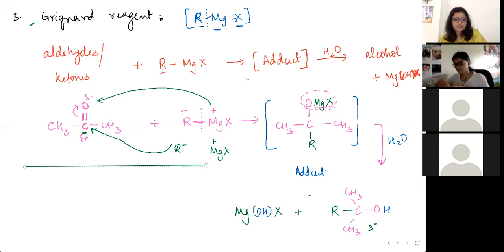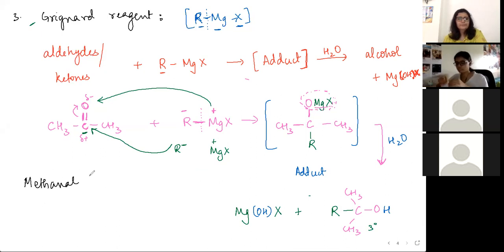All right, before giving you the next point, I'll let you figure out, I'll keep this on display. Tell me, what if you started off with methanol? What is the formula for methanol? HCHO. HCHO, very good. So that's basically C double bond O and hydrogen on both sides.